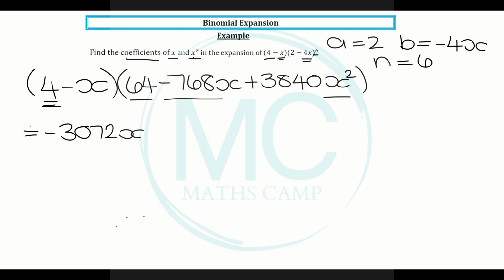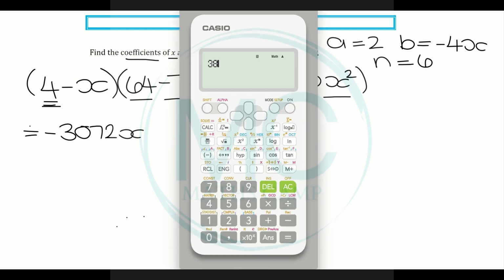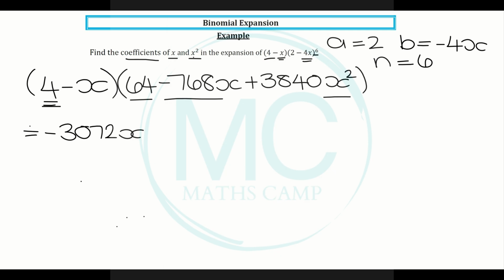So now we can multiply 3,840 by 4 is equal to 15,360. Say plus 15,360 x squared. Now let's look at the x term.